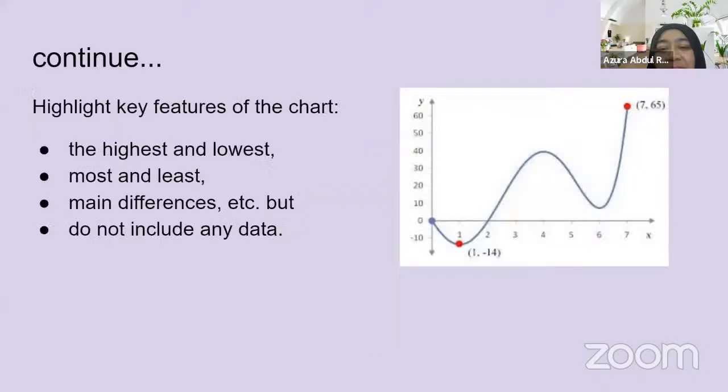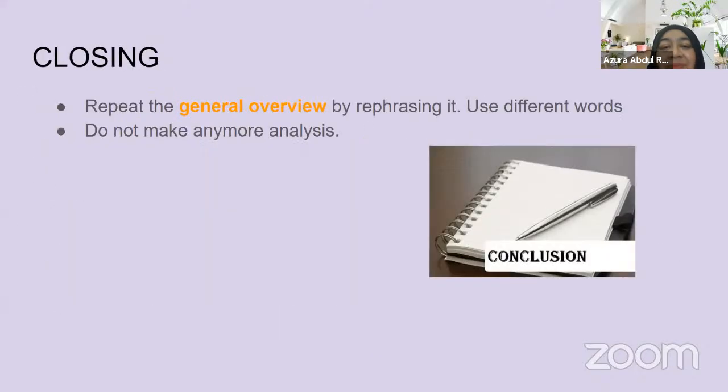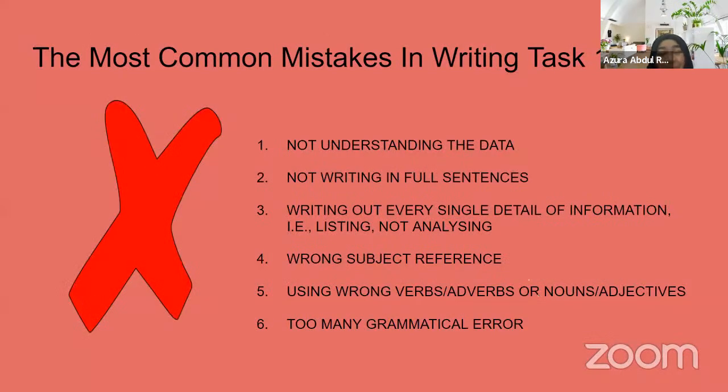So make sure that the subject reference is correct. And yes, sometimes you do have to write pretty long, because the subject reference is long, but you have to do what you have to do. Don't say the number of buses, the number of cars. No, the percentage of commuters that use the bus, the percentage of commuters that use the train. This should be the subject reference. And then you're using the wrong verbs, adverbs, or nouns, adjectives, or there are too many grammatical errors.